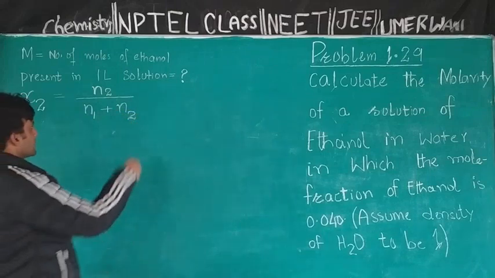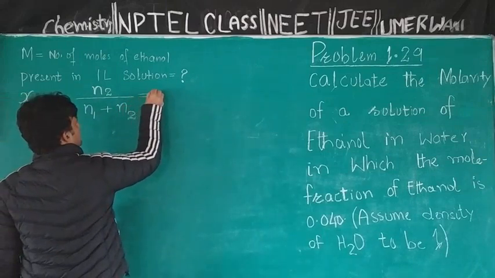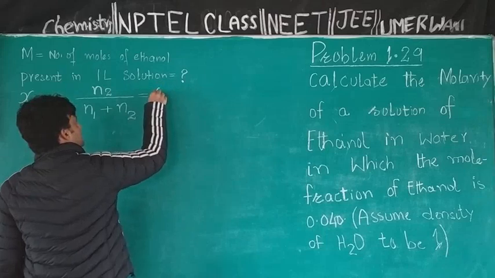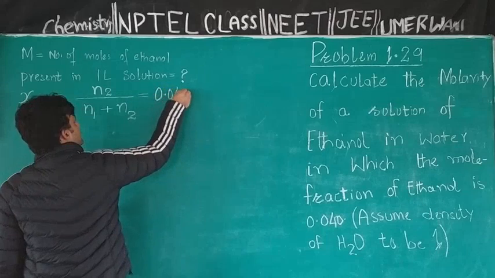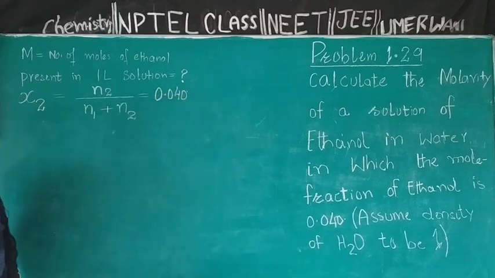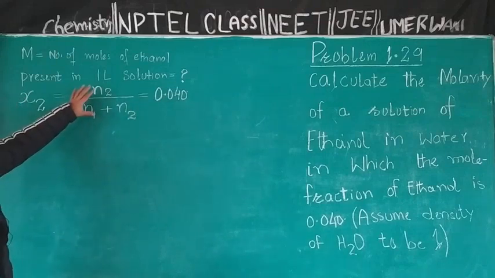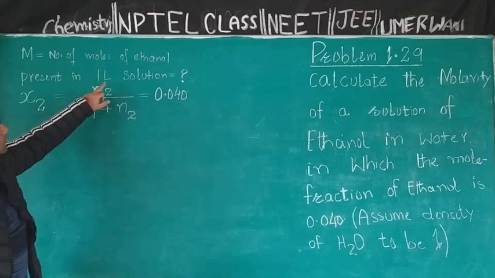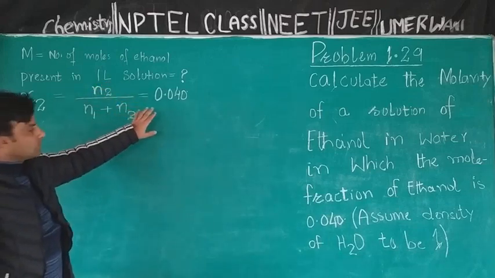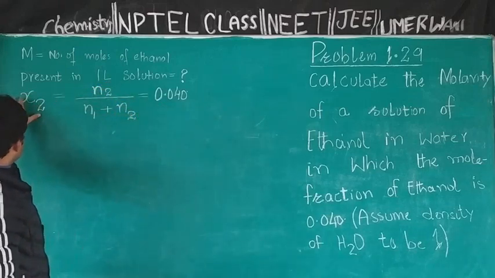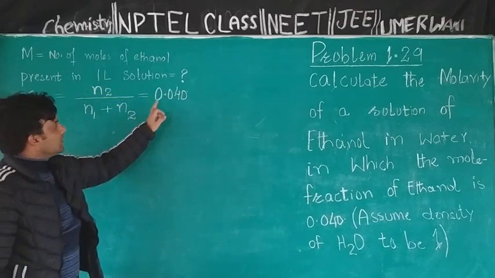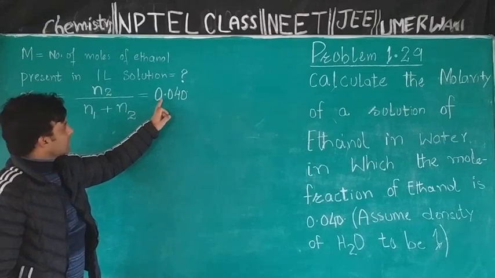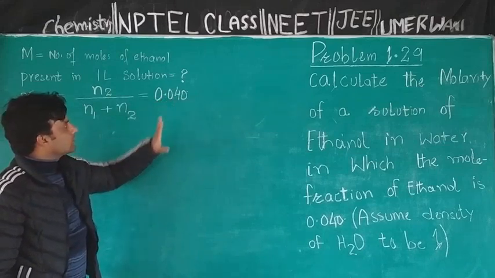And this concentration term is given, that mole fraction of solute ethanol in this solution is 0.040. Now I will start solving it. I will exploit one information which is conveyed to me by this concentration term mole fraction. See, mole fraction is 0.040.